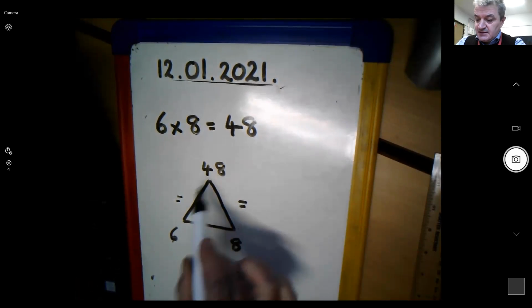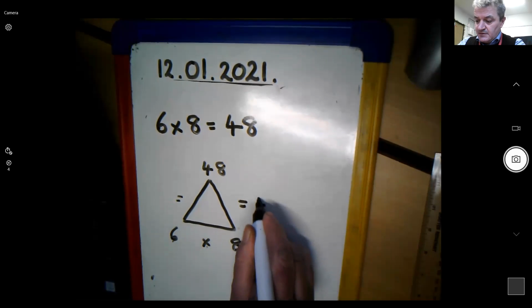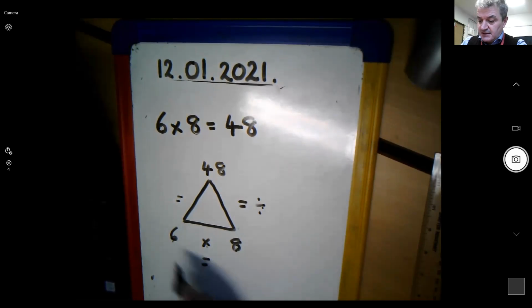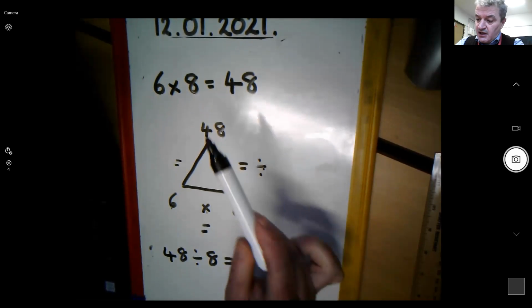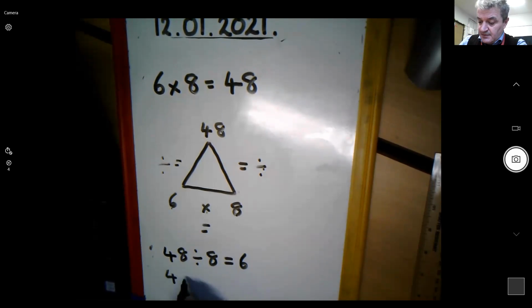Okay, but knowing this times table fact allows me to know that 48 divided by 8 equals 6. I can write that down as well. 48 divided by 8 equals 6. I also know that 48 divided by 6 equals 8.